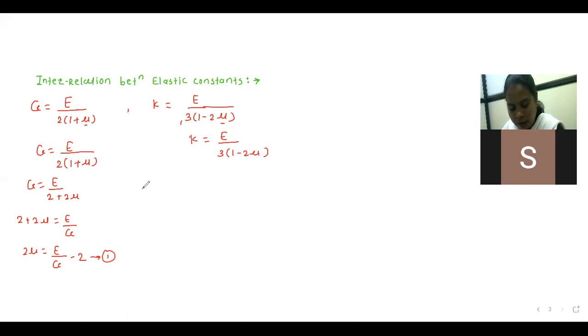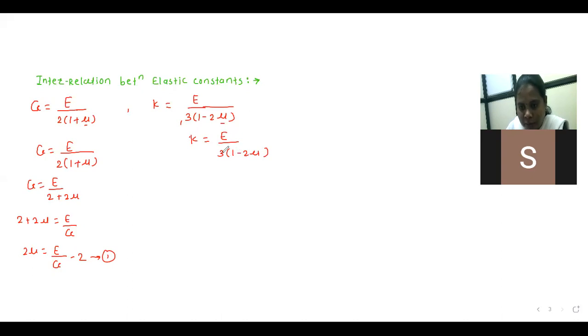Now we have to rearrange this equation in terms of mu. I will take the denominator part to the left side and K to the right side.